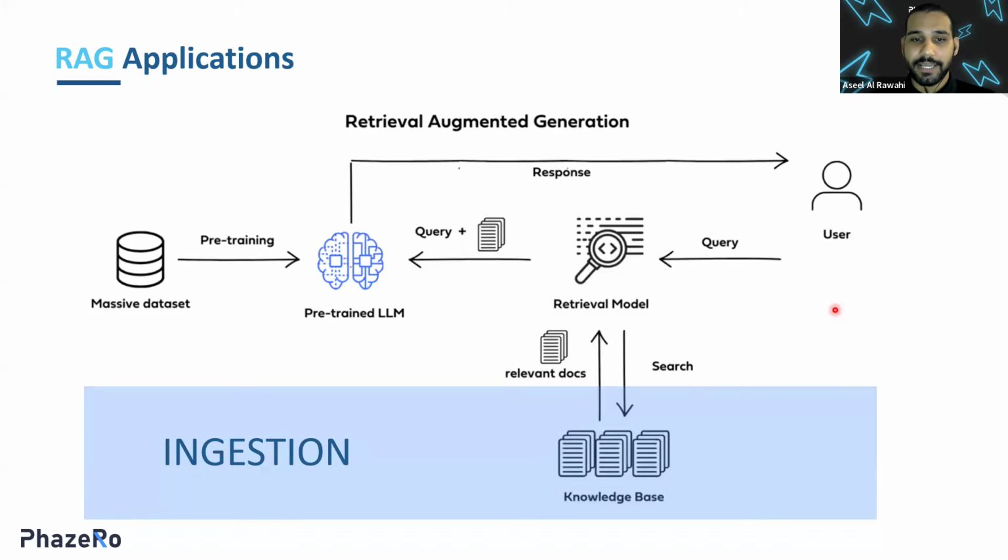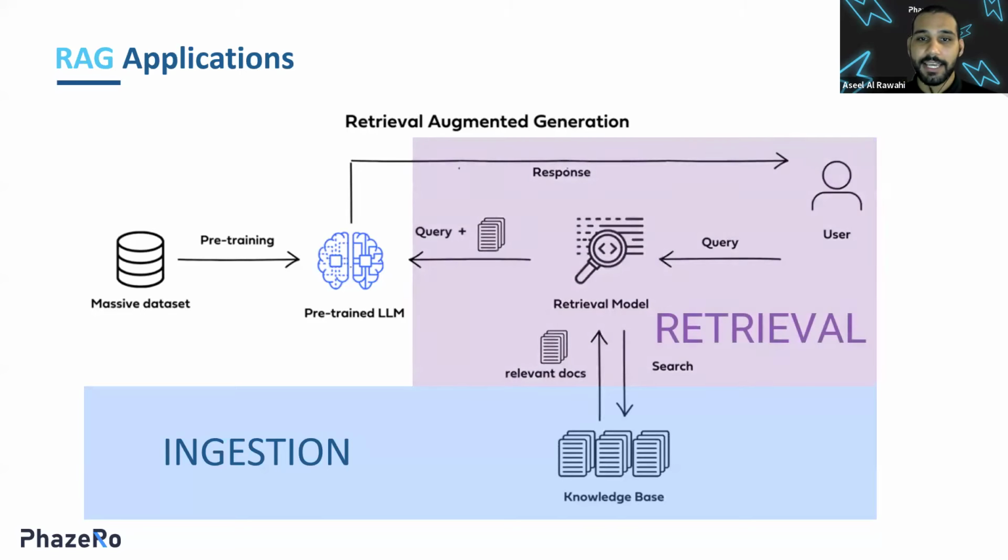What it means is how we take the raw document, clean it, parse it, and save it in our data store so we can retrieve it later in the process. The next component is the retrieval. It's basically looking at the most similar documents, in our case the top K documents, and extracting them depending on the user query and the similarity between the user query and our knowledge base.